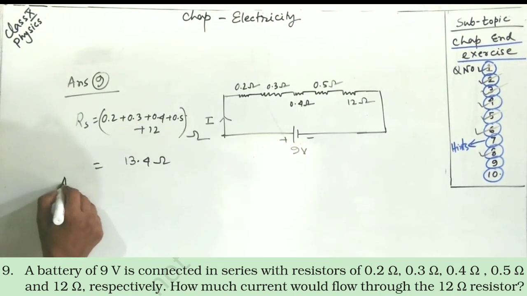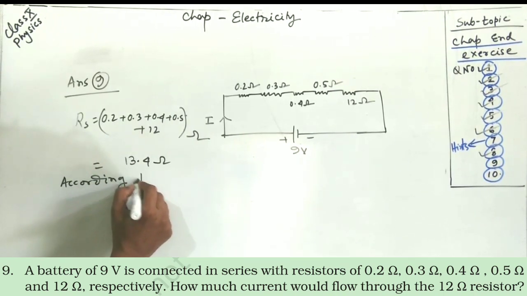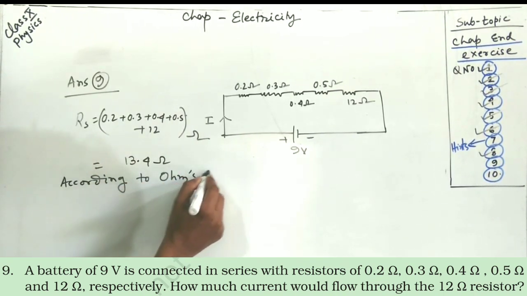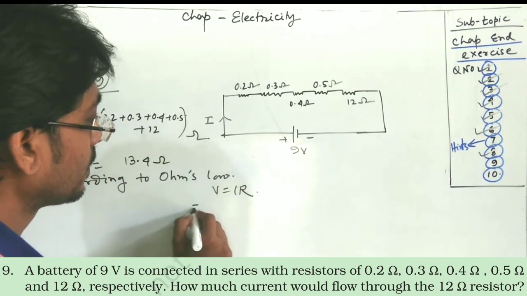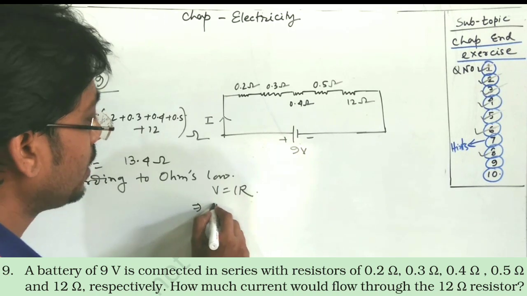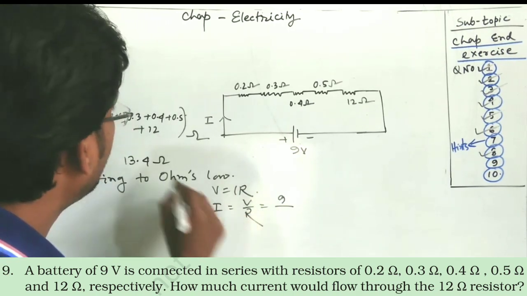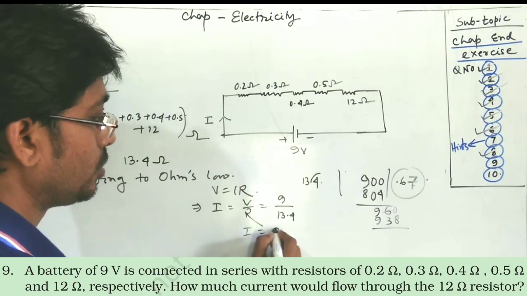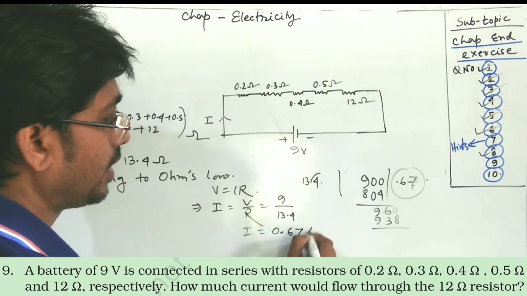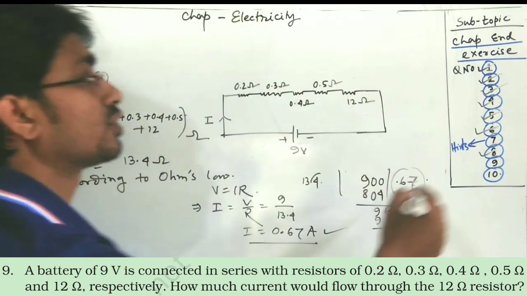According to Ohm's law, V is equal to IR. So I is equal to V by R. So V is 9 volt, R is given 13.4, I will be 0.67 ampere. Okay, this will be the answer. So we have completed question number 9.